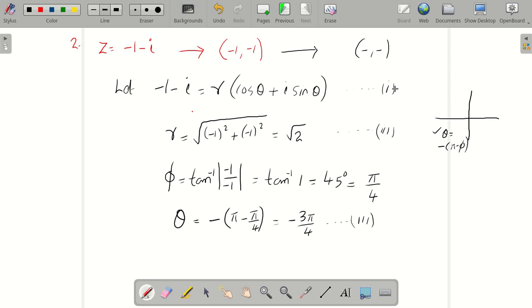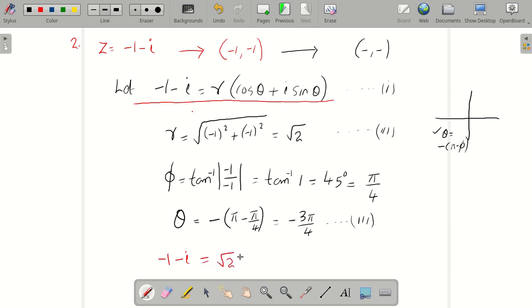So when you use 2 and 3, what do you get? What's the answer? Yeah, minus 1 minus i. I want you to focus on equation number 1. z is equal to, what's the r value, or the positive value of r?